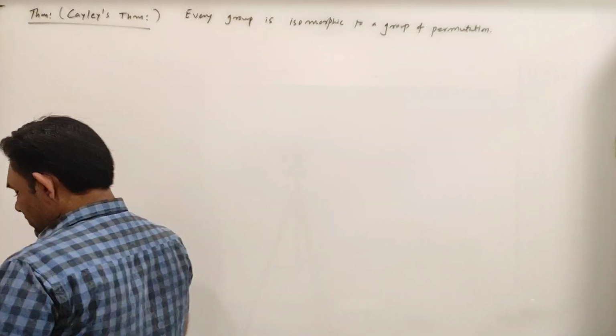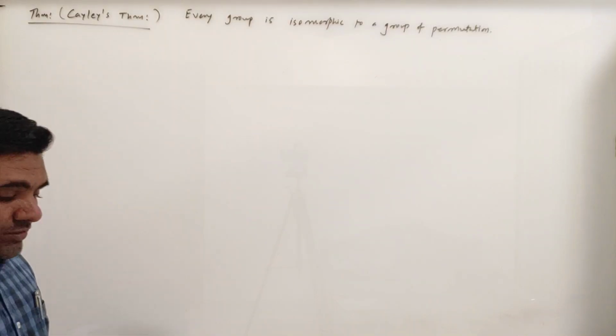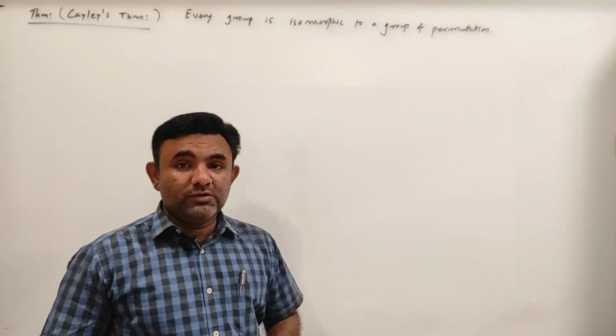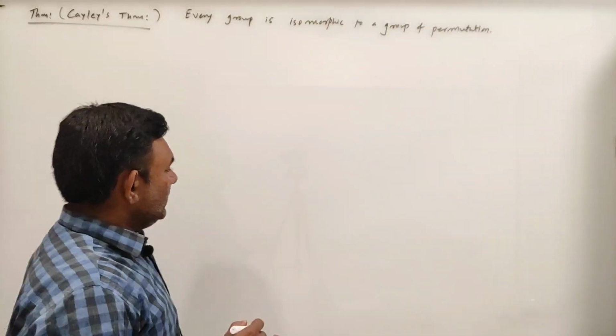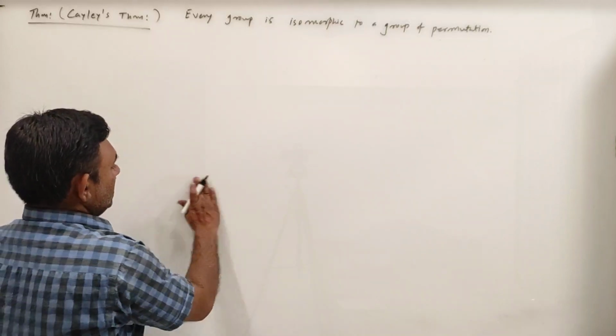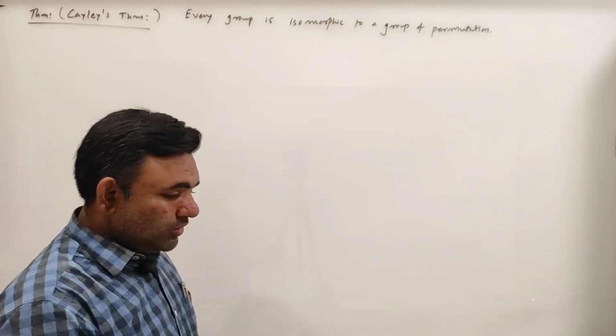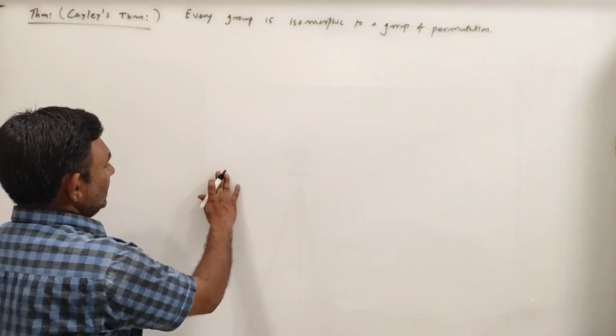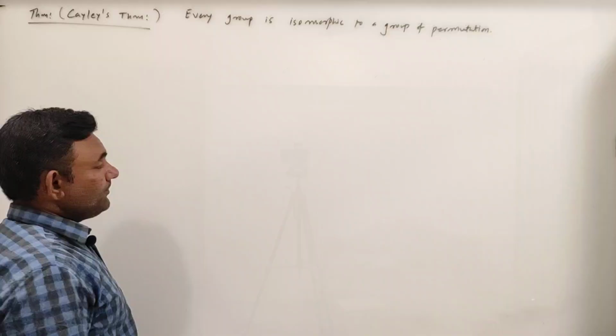Every group is isomorphic to a group of permutations. So first of all, let us just recall what a permutation is. We have studied this Sn, the group of permutations, right? But in a broad sense, what is a permutation? We have already defined it in a previous lecture.